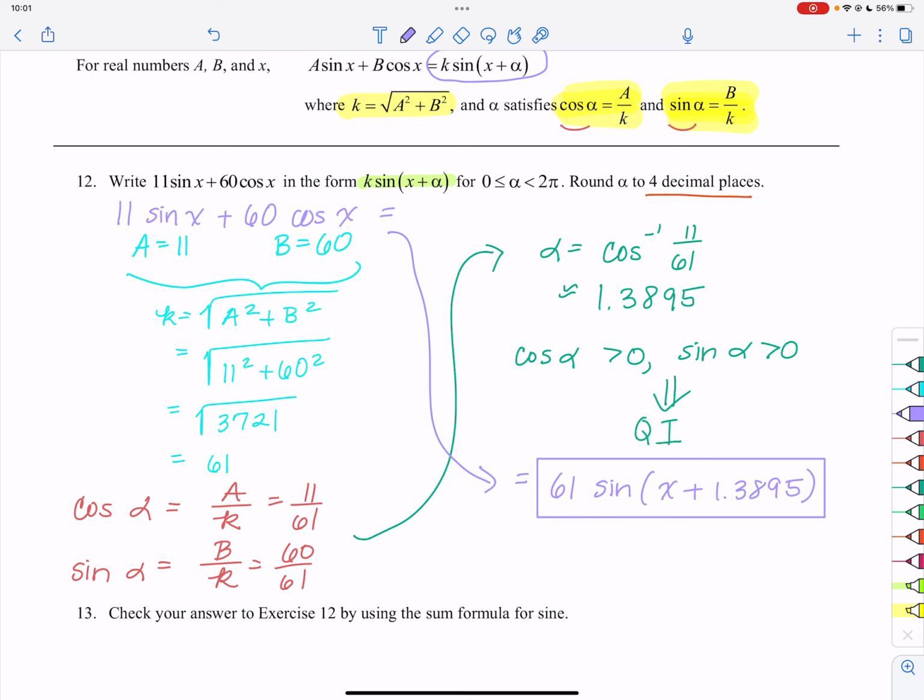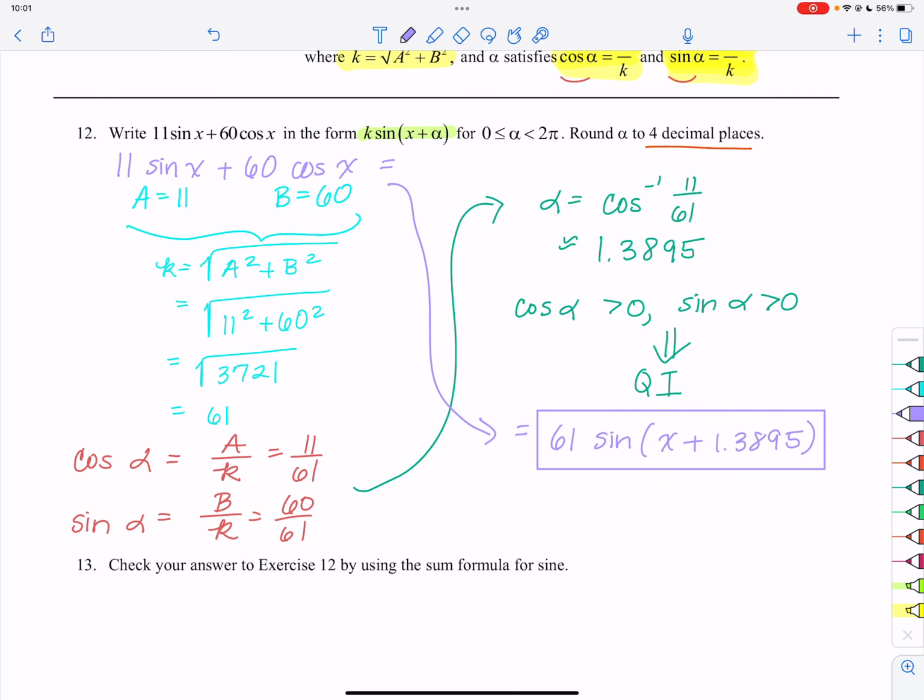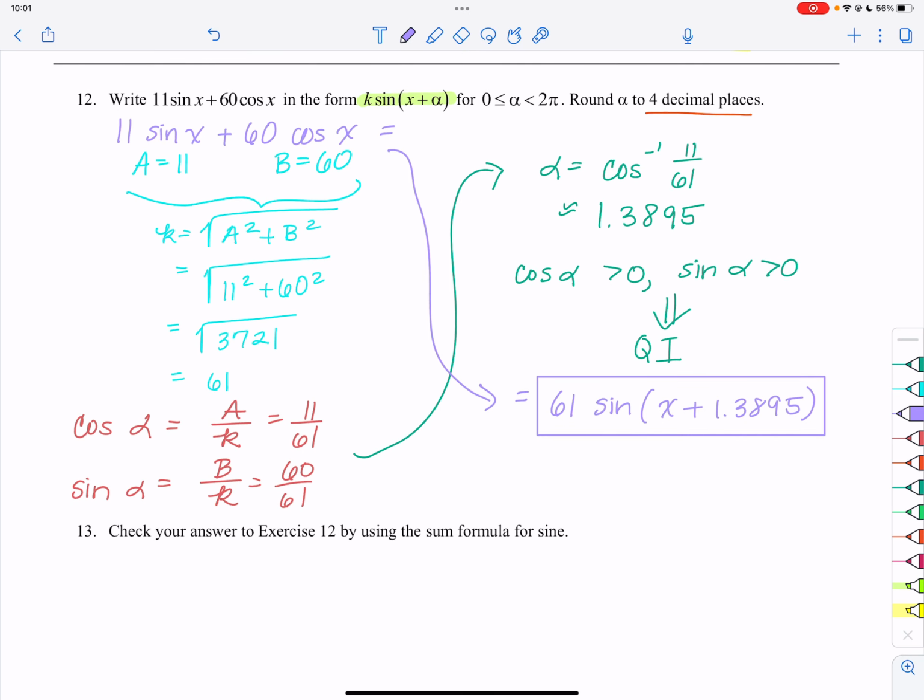Okay, let's look at number 13. Check your answer to exercise 12 by using the sum formula for the sine.